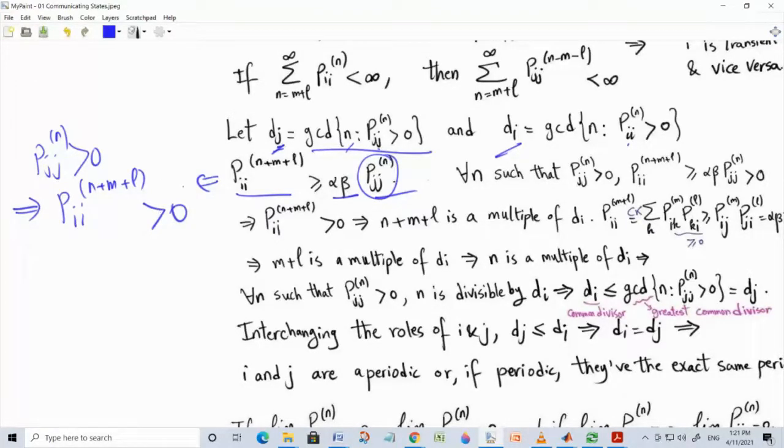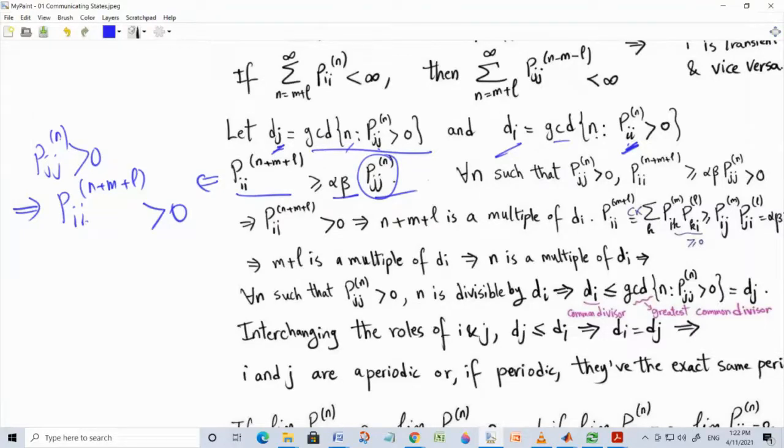So it means the following. For every n for which this is positive, this p_ii of n plus m plus l will be positive. And what are the times for which p_ii is strictly positive? By definition, those times are all multiples of d_i, because d_i is basically the GCD, the greatest common divisor.